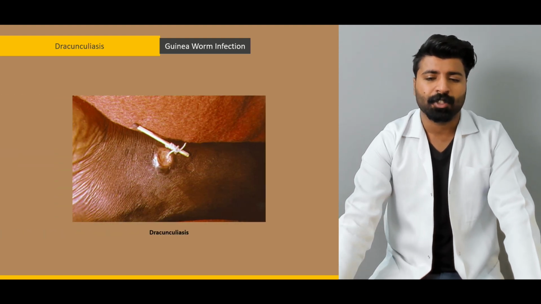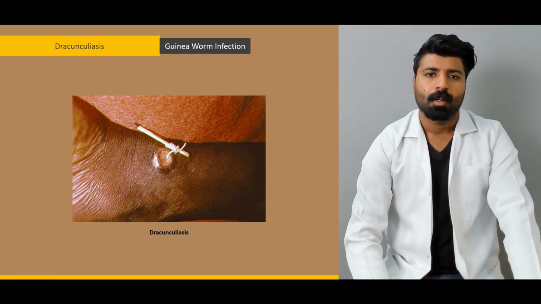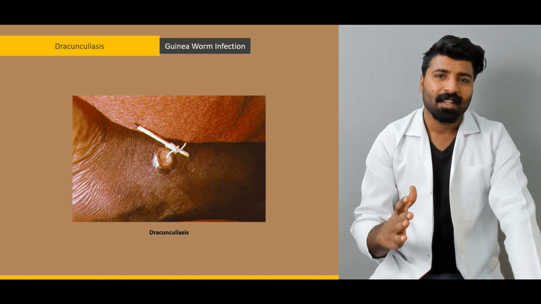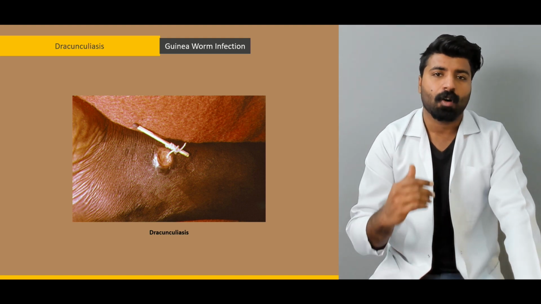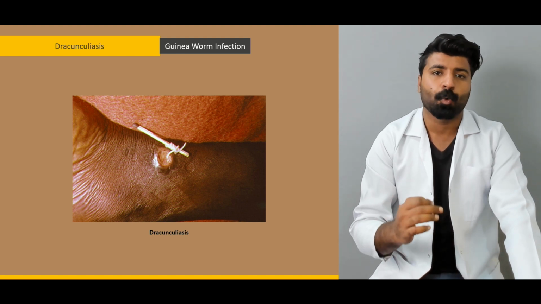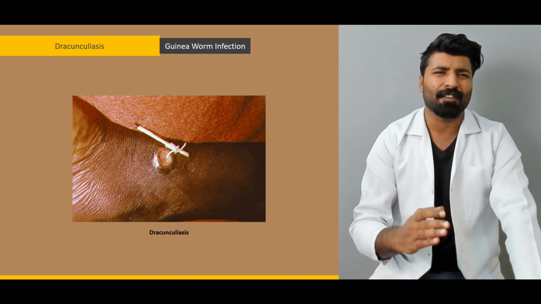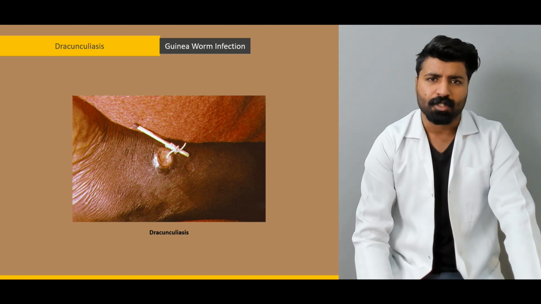As you can see, this is a depiction of this pathogen in dracunculiasis. Now, why is it on the foot? Only the legs and the feet are going to be affected by it. They move under the skin into subcutaneous layers, and they're basically found in the legs and the feet.